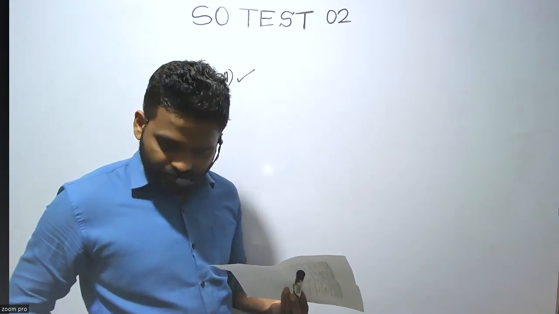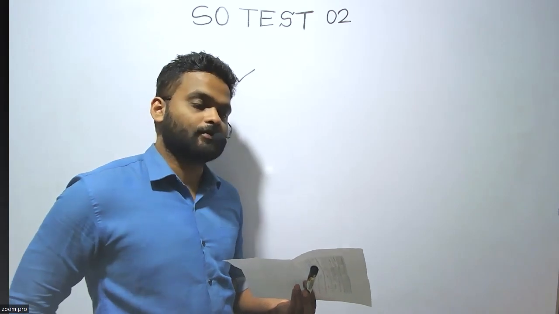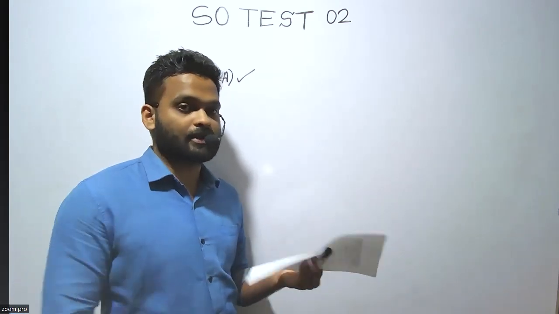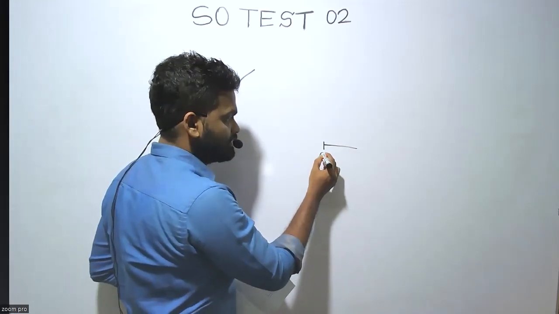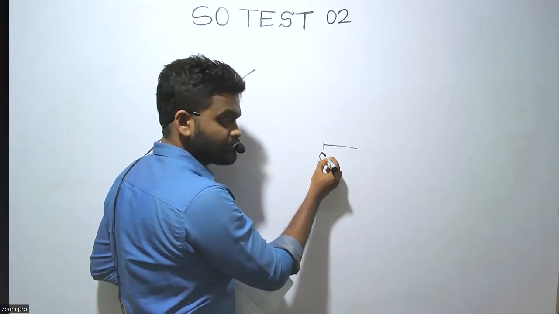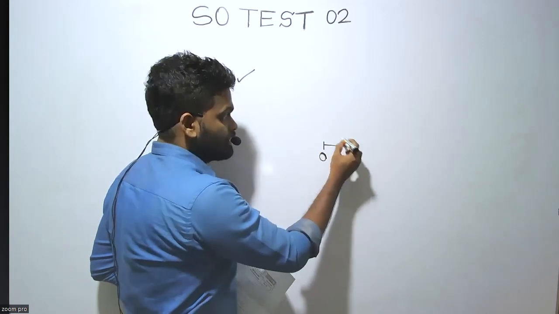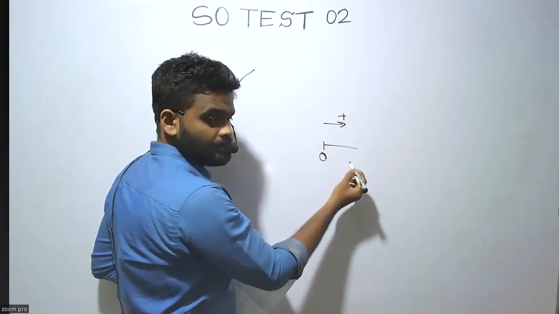If the object is behind the origin, displacement is negative. So let's say this is the origin where the motion started, and the positive direction is this side.